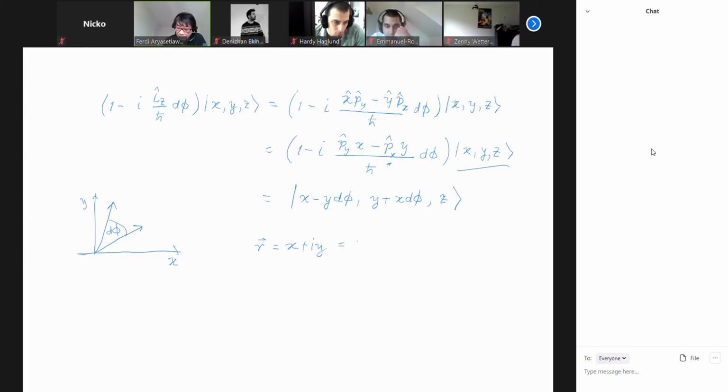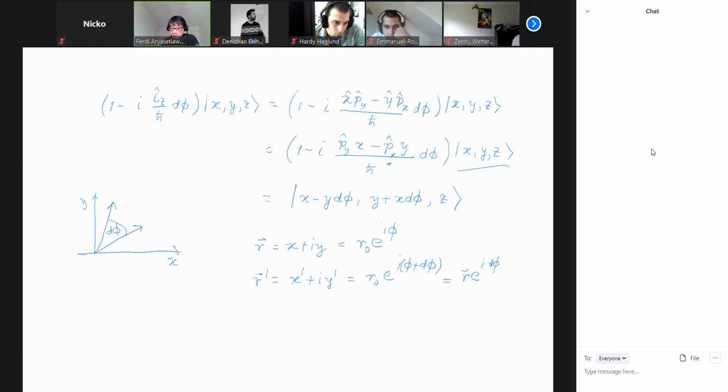So that can also be written in terms of the radius times the exponential of the angle. So the rotated one will be r prime, where r is still the same. So that will be i times phi plus d phi.